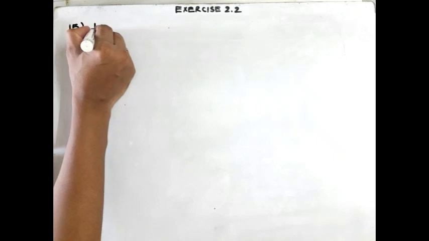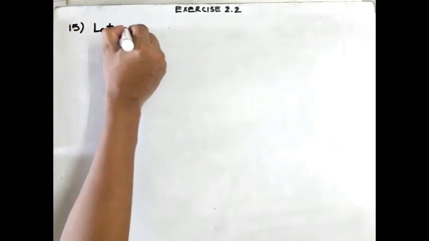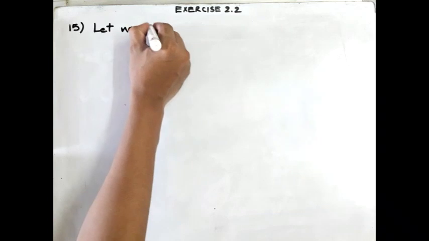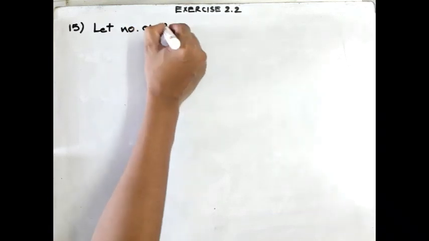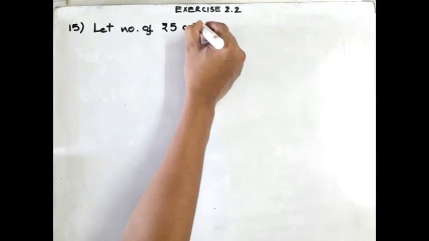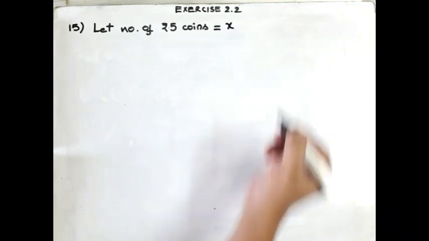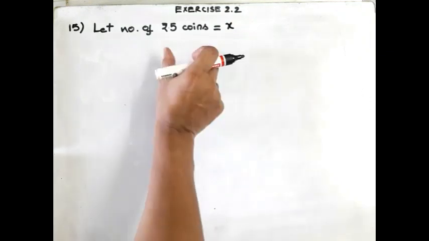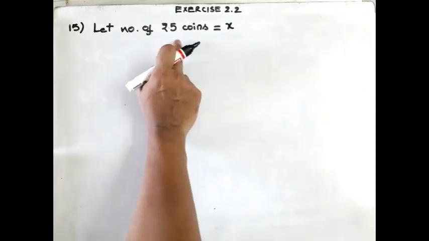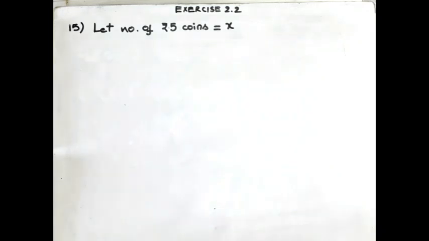As the relation is starting with rupees 5, let the number of rupees 5 coins be x. As everything is mainly pointing to rupees 5, I am taking the number of rupees 5 coins as x.